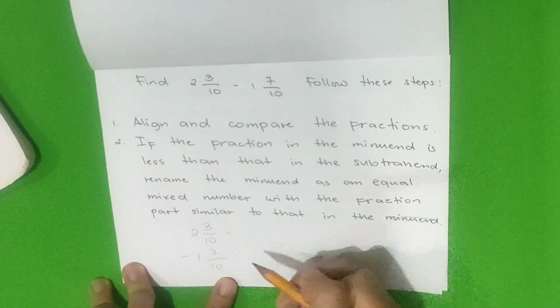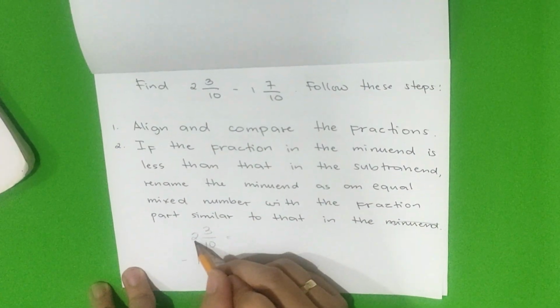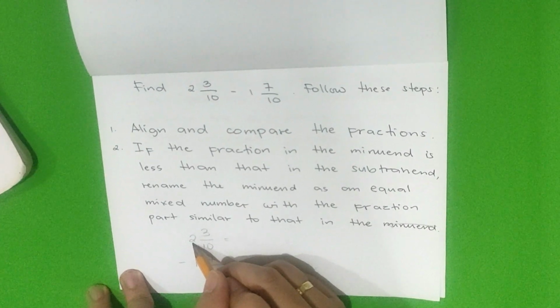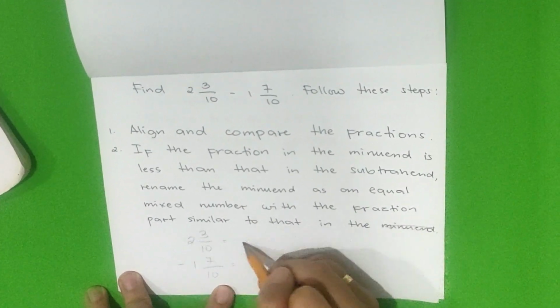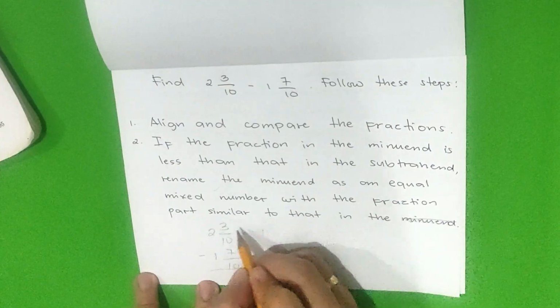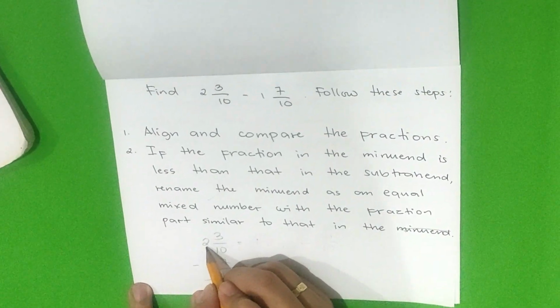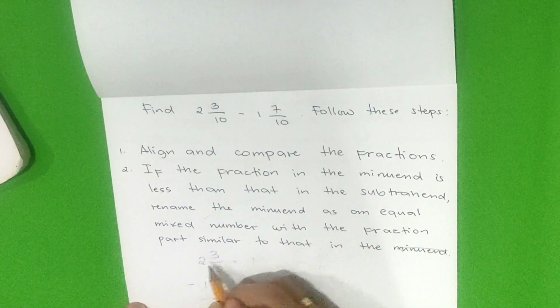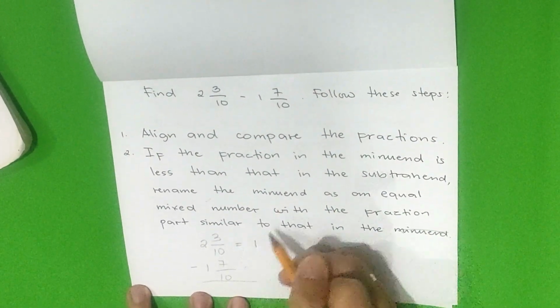So, let's just subtract 2 by 1. Let us reduce 2 by 1, so 2 becomes 1.